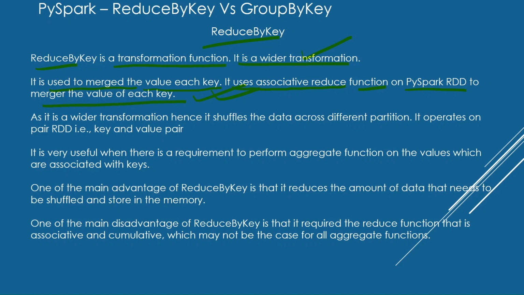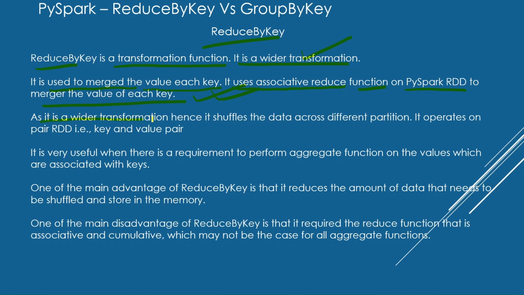And how will the merging take place? reduceByKey uses an associative reduction function to merge the PySpark RDD values, which means whatever value is present in the RDD, it will use an associative reduction function to merge the value of each key in the RDD.